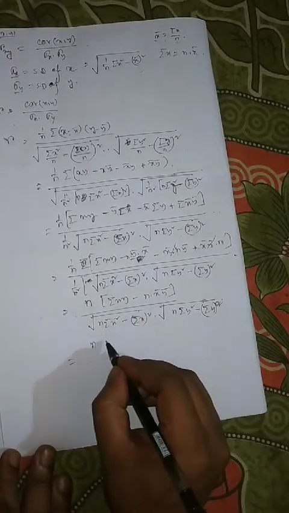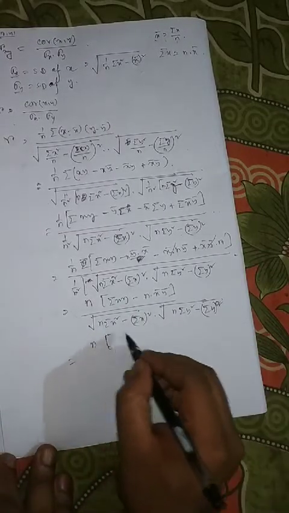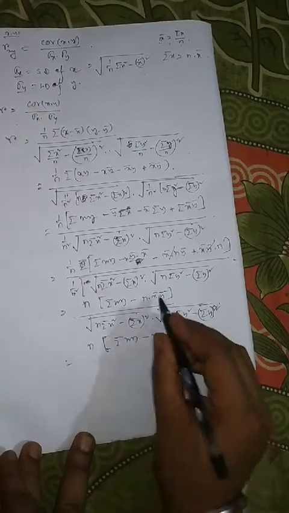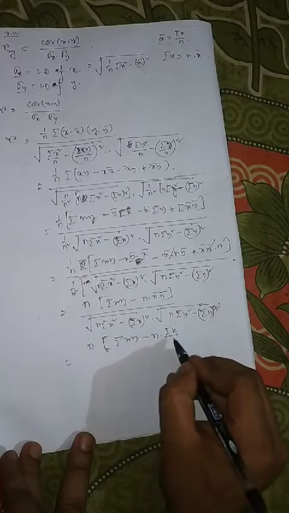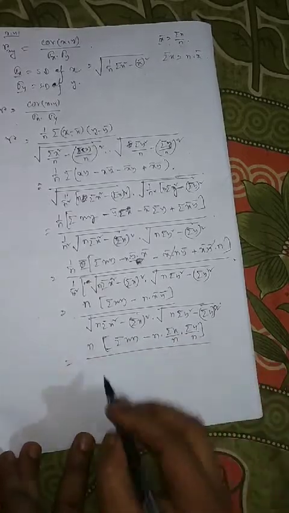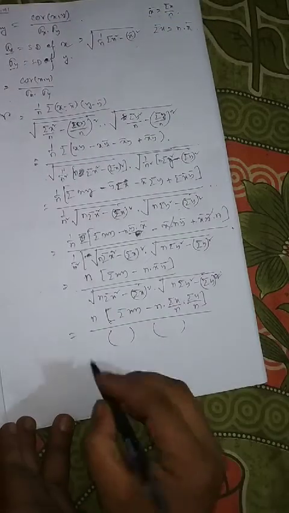Now just simplifying this, we will get summation xy minus n into x bar, meaning summation x by n, summation y by n, divided by that two part.